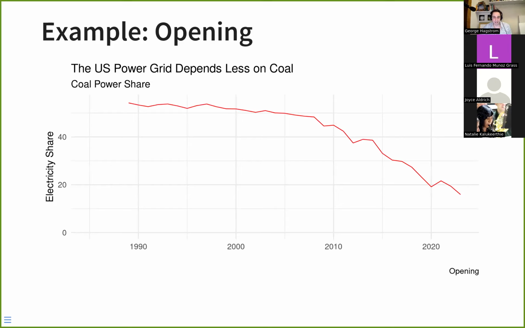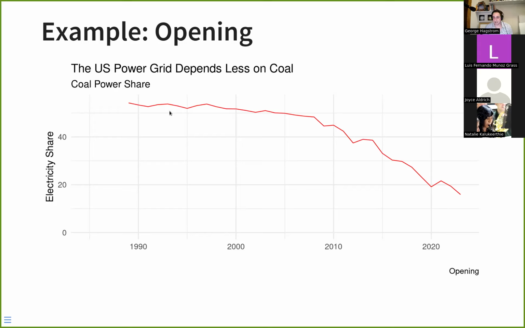Okay, so here's an example where we're going to do this purely through figures. We're going to return to the electricity and carbon intensity of electricity production data. So here's a figure which shows how the contribution of coal to electricity in the U.S. changes over time.